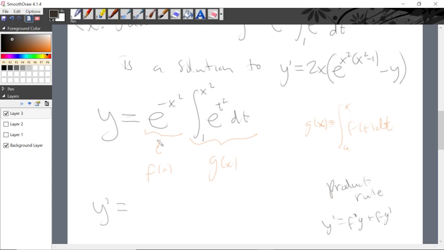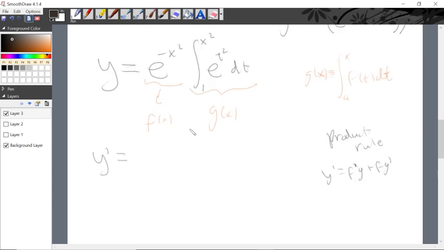Starting with the derivative of f, the derivative of e to the negative x squared with respect to x is e to the negative x squared times negative 2x. It's by the chain rule. And then leaving g of x alone, so we have the integral 1 to x squared of e to the t squared dt. Okay, so that's our f prime times g.